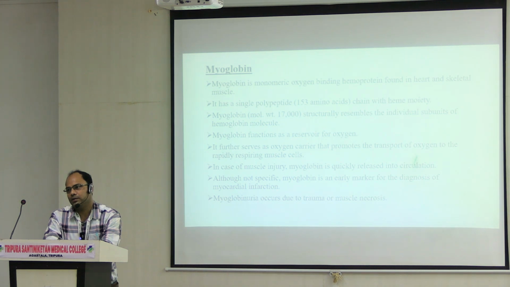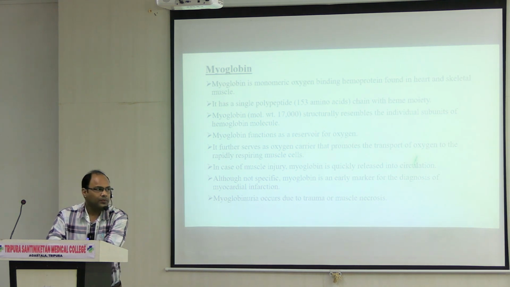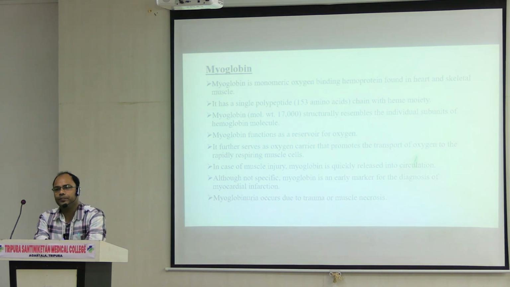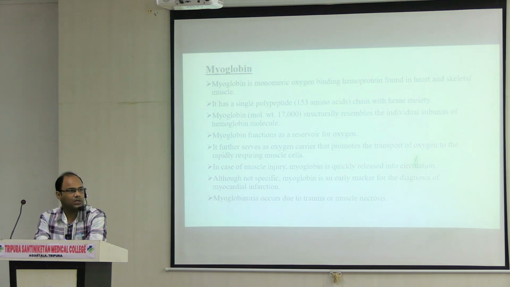Okay, in case of multiple crush injury like road traffic accident, the patient may develop myoglobinuria, and this myoglobin can cause tubular necrosis. Understand? Renal tubular necrosis ultimately causes acute renal failure.